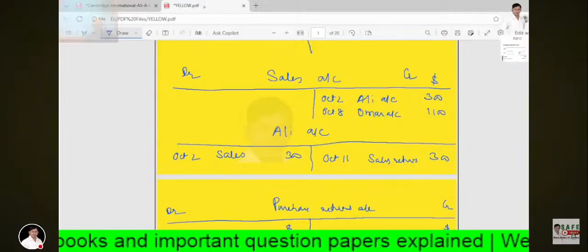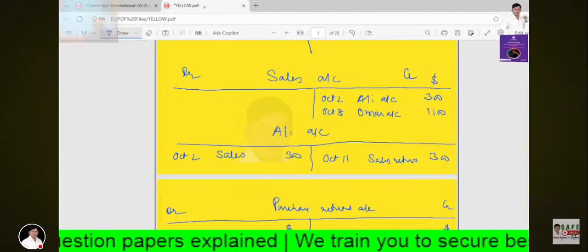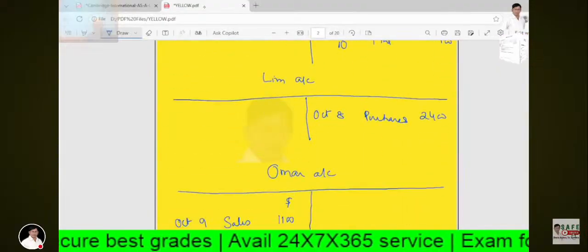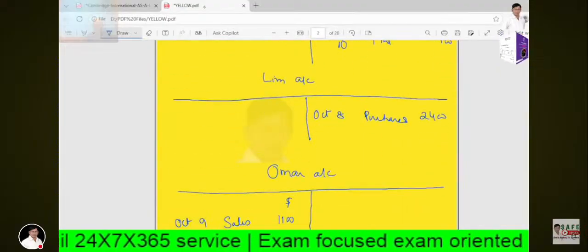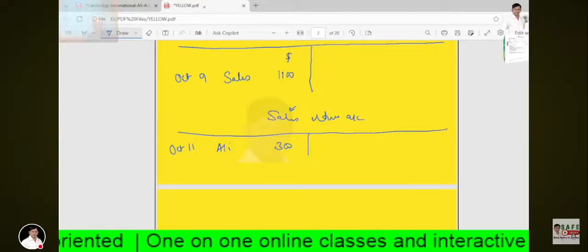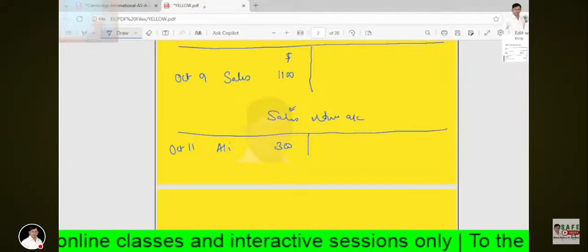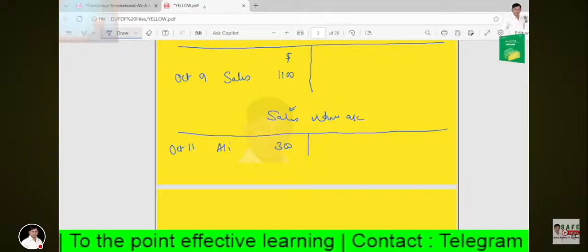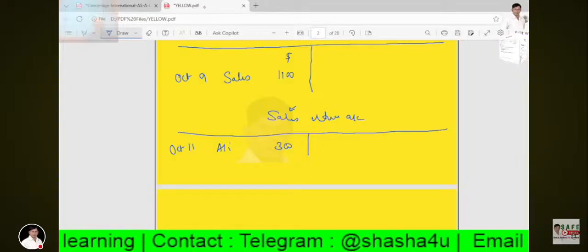Ali 300, sales returns 300. So there is no more. He has returned everything. So sales returns account 300, we have to debit. Sales returns account will be debited with Ali's account 300. So this is how it is.